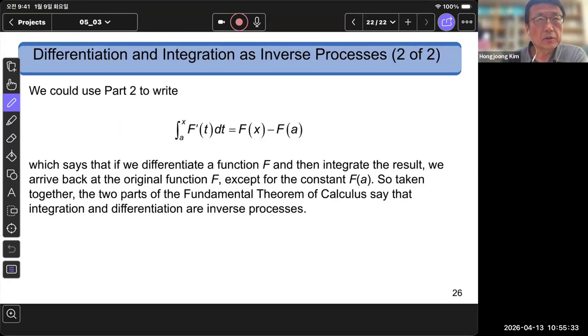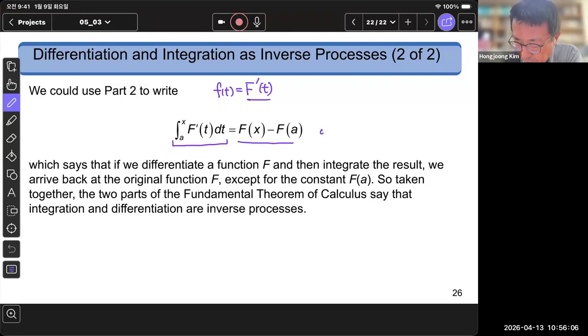And part 2 says, if uppercase F is an antiderivative of lowercase f, meaning f of t is the derivative of uppercase F, then when I integrate f, meaning if I integrate F prime from a to x, then you get this.